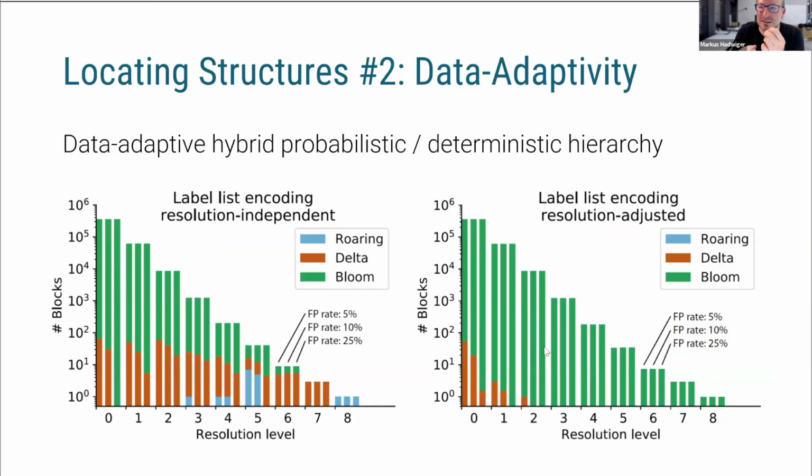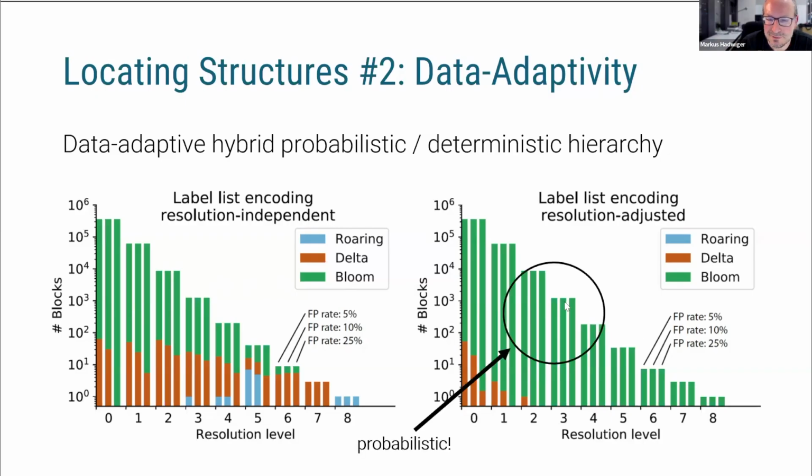So basically, we do a data-adaptive hybrid that looks at which data structure is actually smaller in this case and chooses either the probabilistic one or the deterministic one to find out: might this object be contained in that region of space? Because you get false positives, sometimes it says yes, it might be contained, although it's not, but it never tells you it is not contained if it in fact is. Combining these two things gives a lot of benefits, both in terms of data storage and traversal speed.